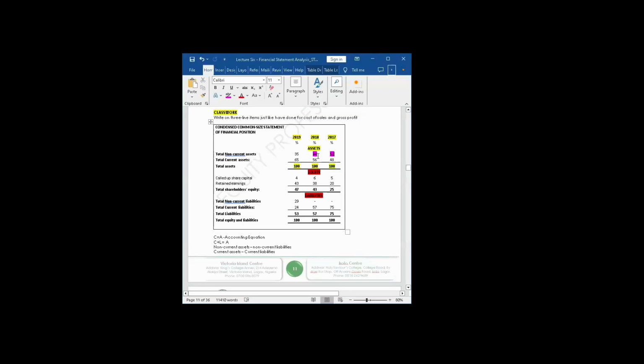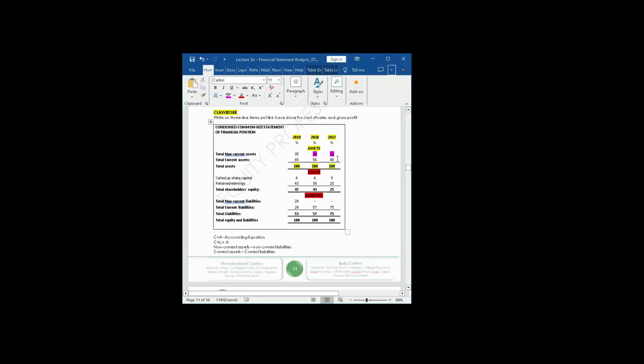Then what could have happened? Two things could have happened. It could be due to depreciation, or it could be that the company disposed of some of the assets.